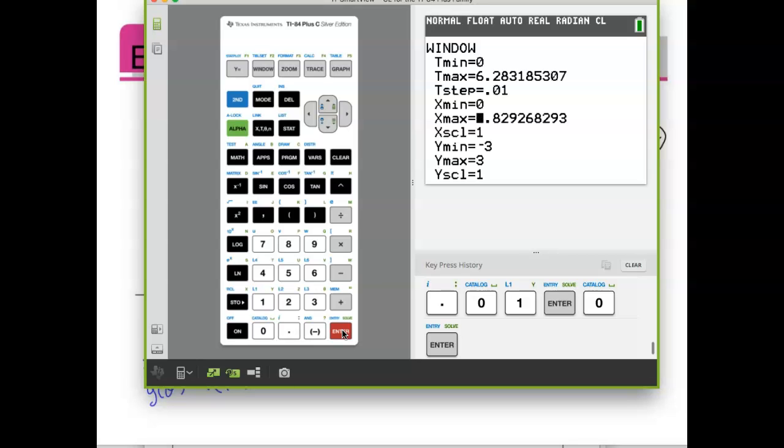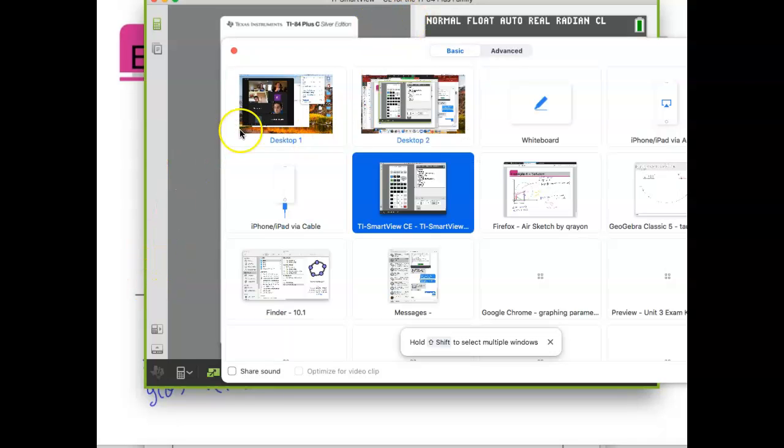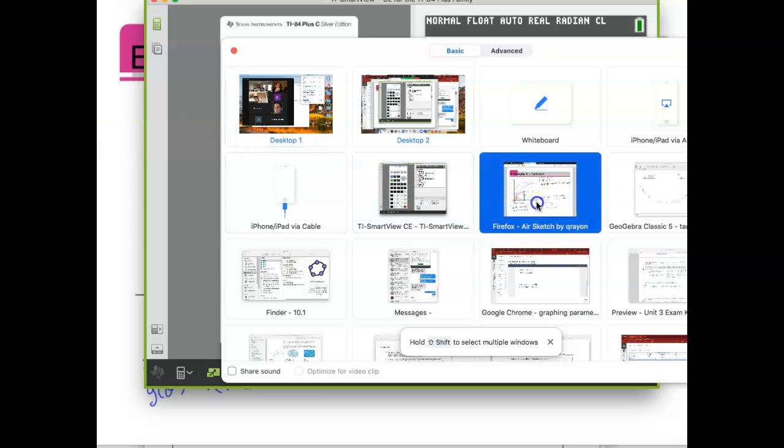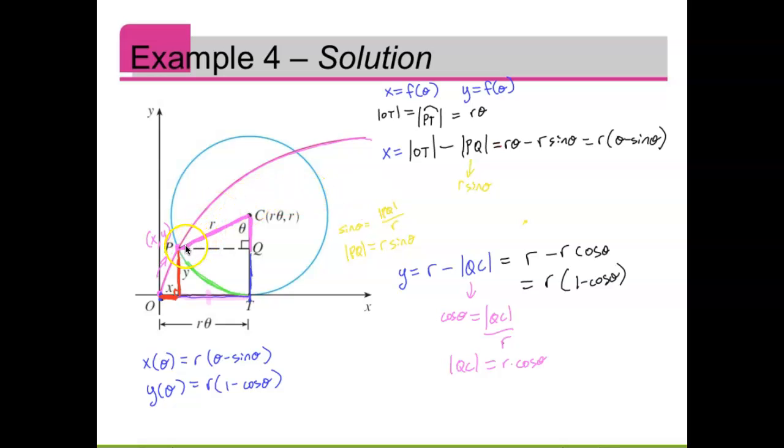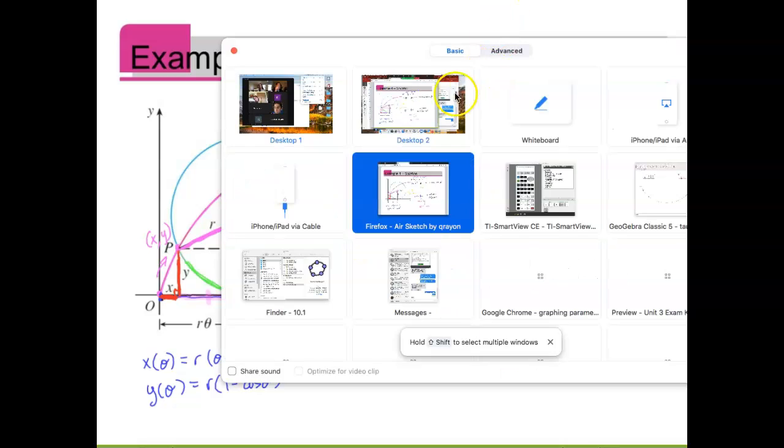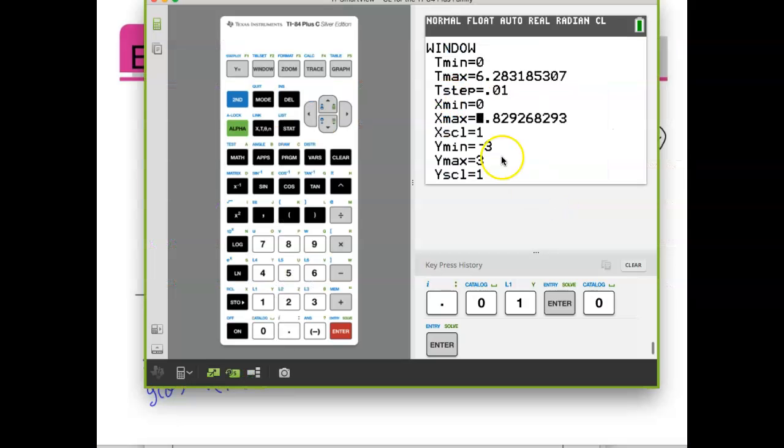If you think about it tracing along the circle. No, that's not true, is it? So if I make the radius 1, the highest it'll be is at this point. We're following that point. When it rolls to the top of the circle, that'll be 2 of the radii. So the cycloid itself will actually go up to 2, right? And down to 0. So that'll kind of inform my choice of window.